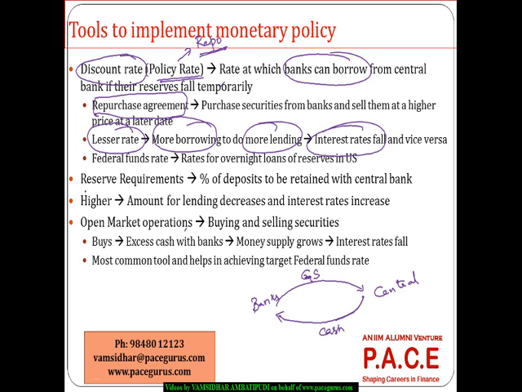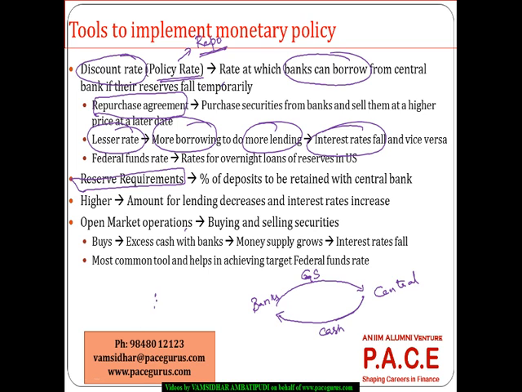Then the other mechanism available to the central bank is the reserve requirement. The reserve ratio sets what proportion of the deposits should be retained with the central bank without lending.